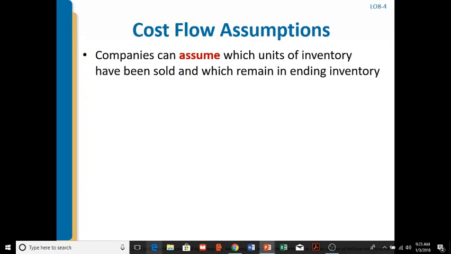I'm not saying they do, but they might use one cost flow assumption for their grocery items, since most of those items are not unique. They might use the first in, first out method for those items, whereas for their electronic items, if they're unique enough, they can use the specific ID method. Now, once you pick a method for a specific category of inventory, you've got to stick with it too.